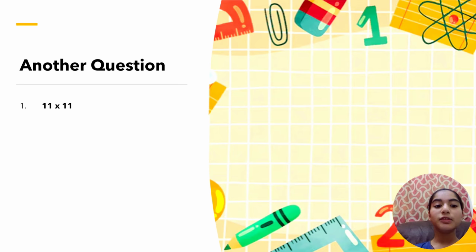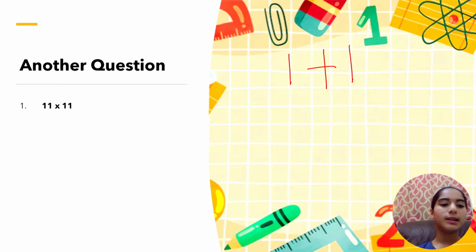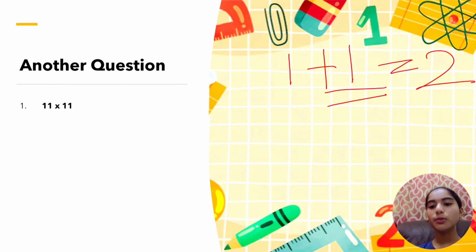Now, let's do another question. This time I'll let you do it first, then I will show you the answer. You may pause the video if you need to. Okay, so let's do it. First, we add the digits of 11. We can choose either 1 because they are both 1, obviously. 1 plus 1 is equal to 2.